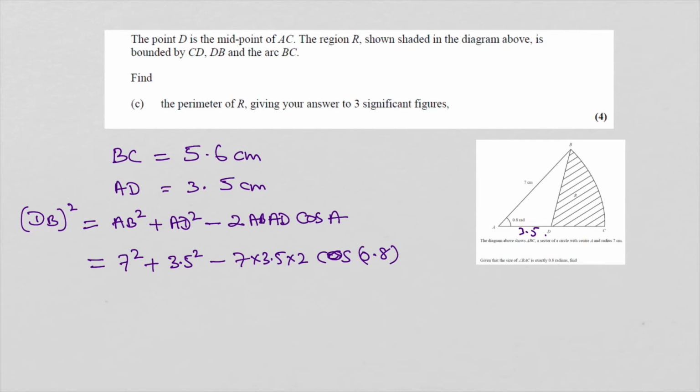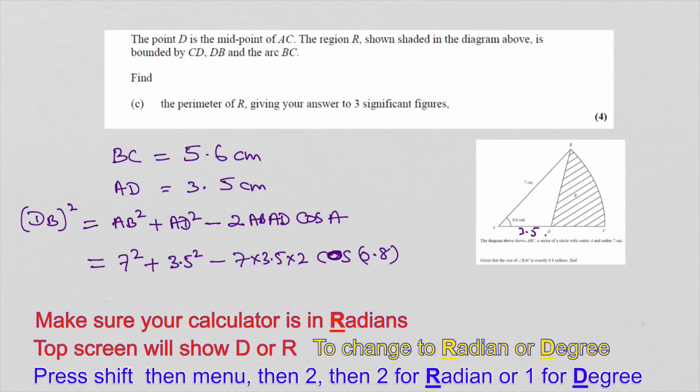Now cos of 0.8 has to be in radians because the angle is given in radians. So to work in radians, you need to make sure your calculator is in radians. If you turn on your calculator, it should show R on the top part of your screen.